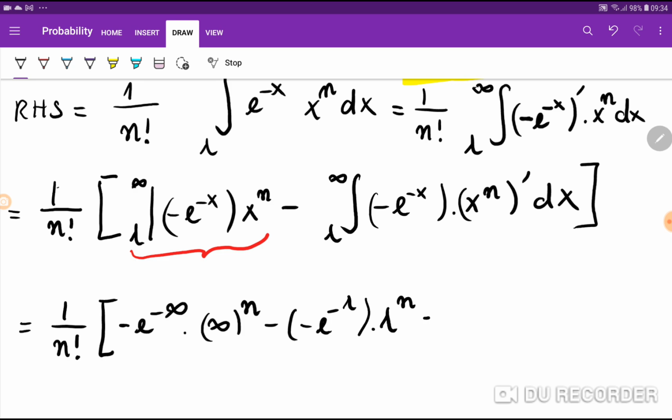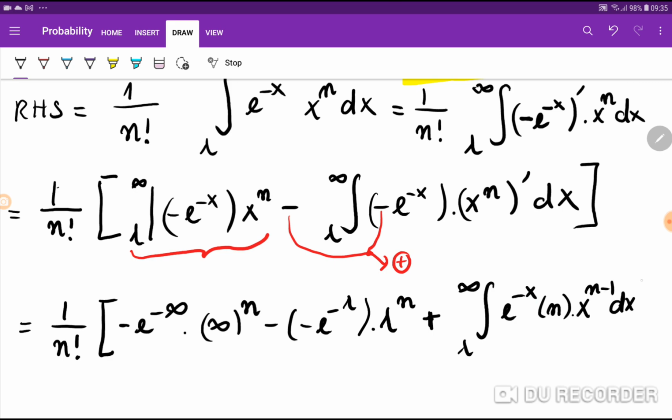And then, this sign right here comes together to create a positive, so negative is positive, so plus the integral from lambda to infinity of e to the power negative x times the derivative of x to the power n. Well, it is n times x to the power n minus 1 dx.